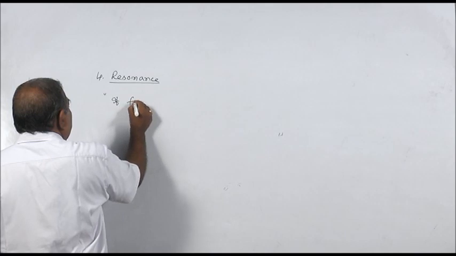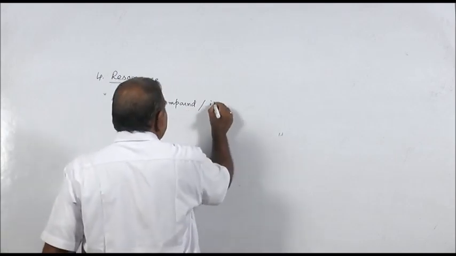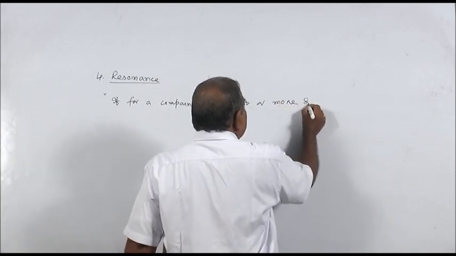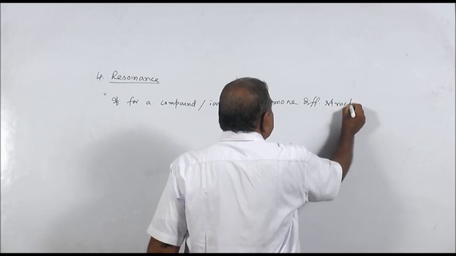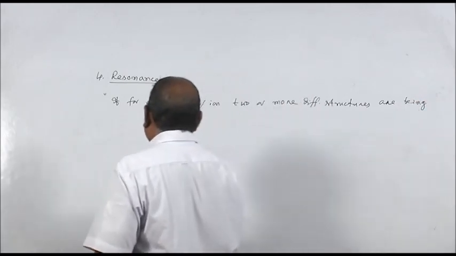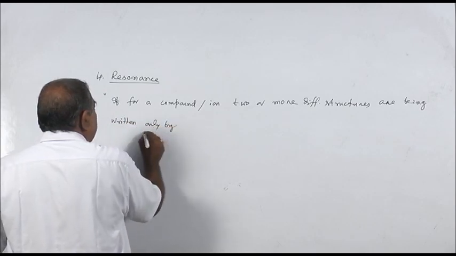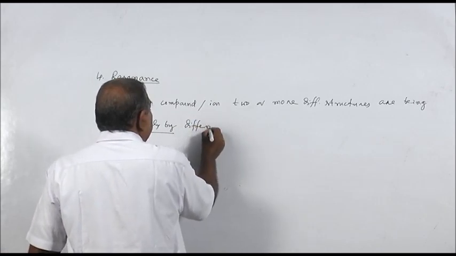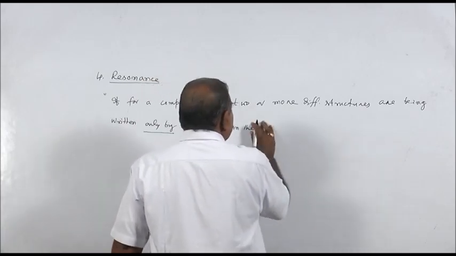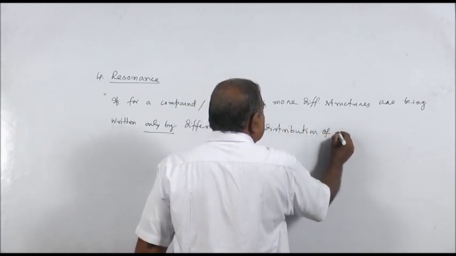Now if for a compound or for an ion, two or more different structures are being written only by differing in the distribution of electrons, nothing else.